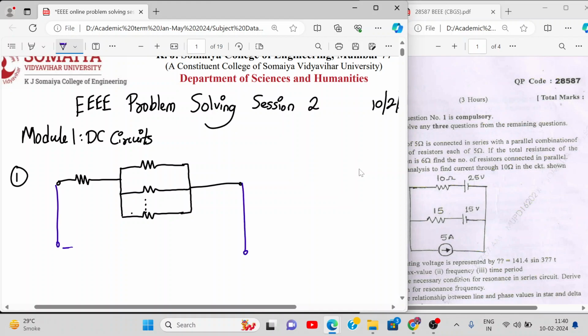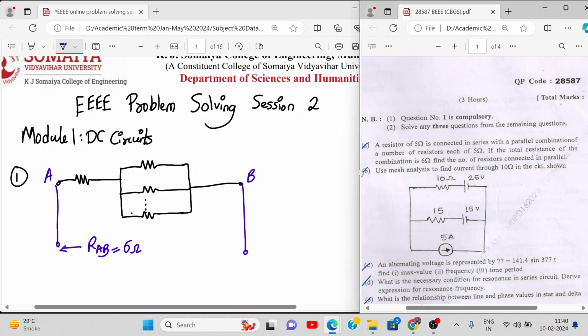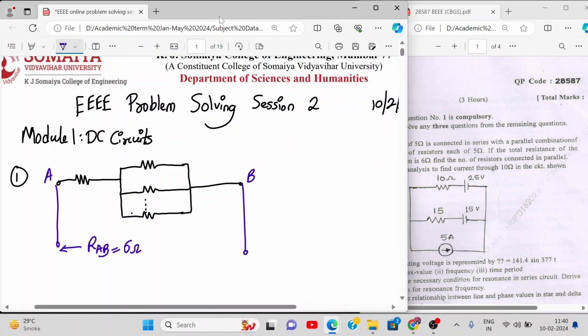This is A, this is B. So this is 5 ohm, this is 6 ohms. We need to find out how many such resistances are connected in parallel.